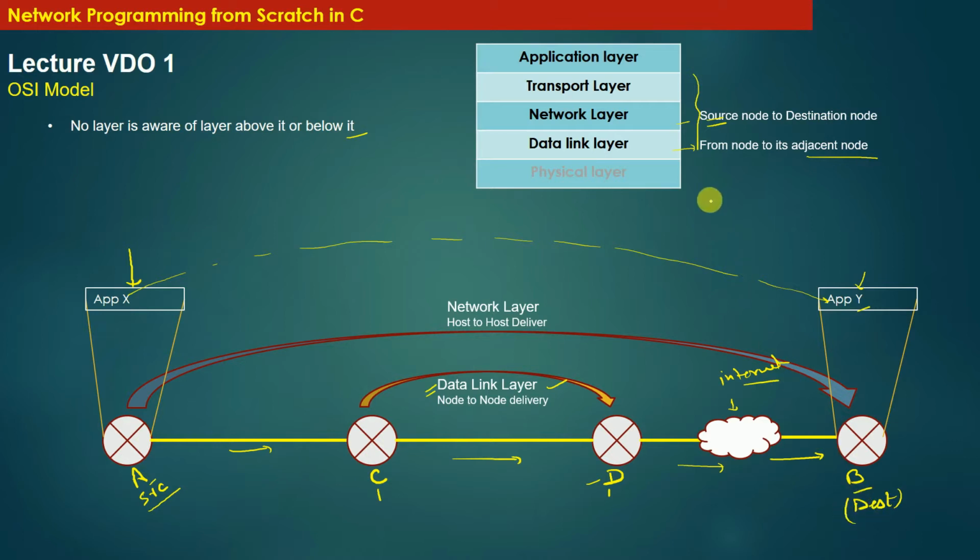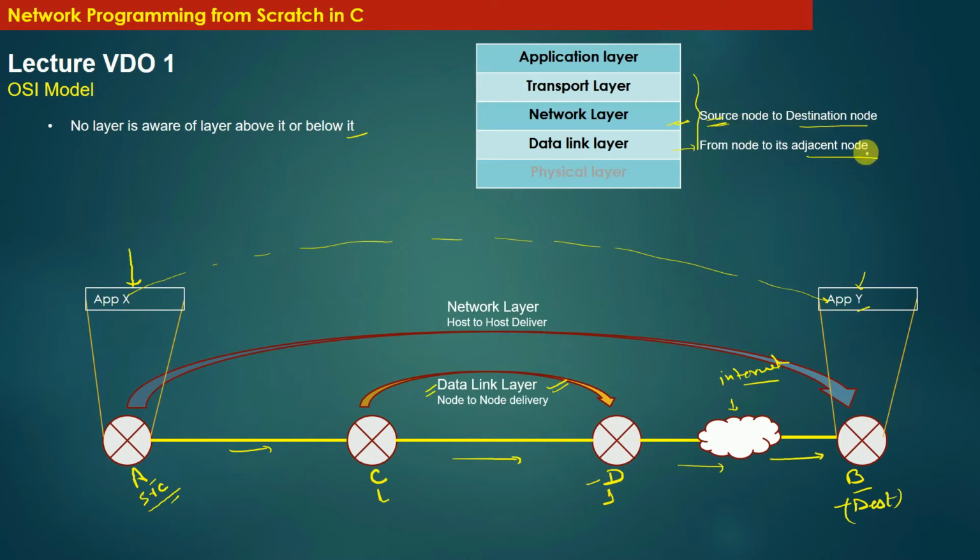It is the responsibility of the network layer to take the data or the packet from the source node to the destination node. The network layer doesn't handle the transfer of data from intermediate node C to intermediate node D, because this functionality is achieved using the data link layer. So the network layer is related to data packet transfer from the source node to the destination node.